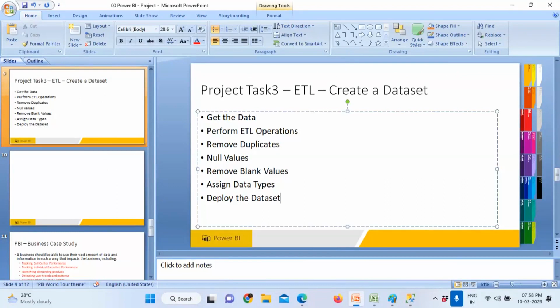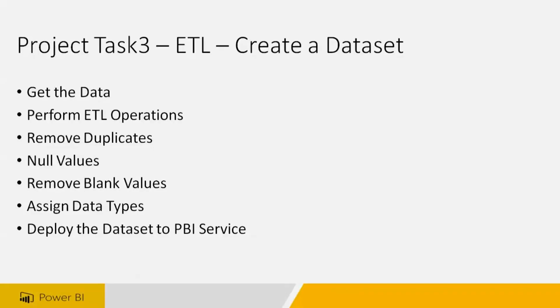Deploy the data set to the Power BI service, so that you can use this data set and create a lot of reports with it, and you should be able to publish these reports to app.powerbi.com. So that is how we're going to be doing it.